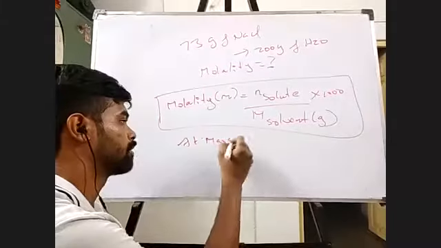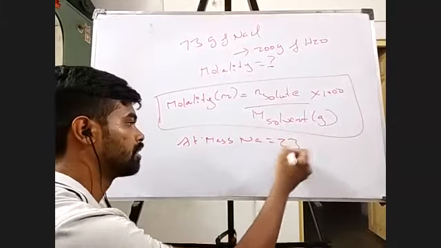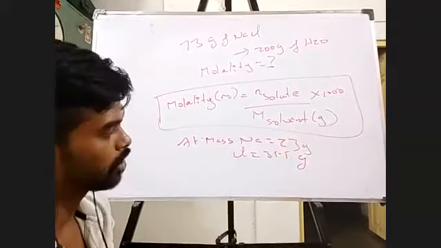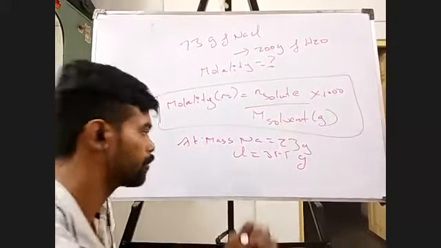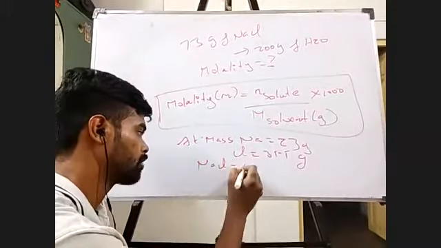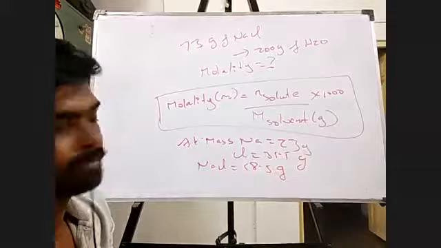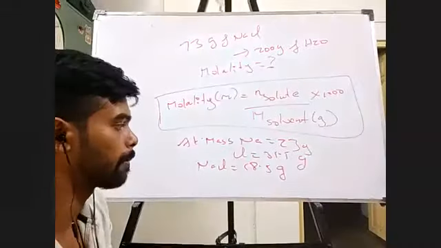So 23 plus 35.5 will be 58.5. For NaCl, the molecular mass will be 58.5 grams.